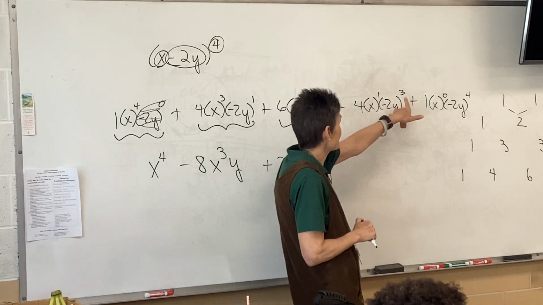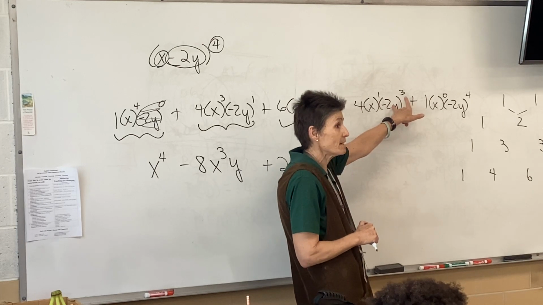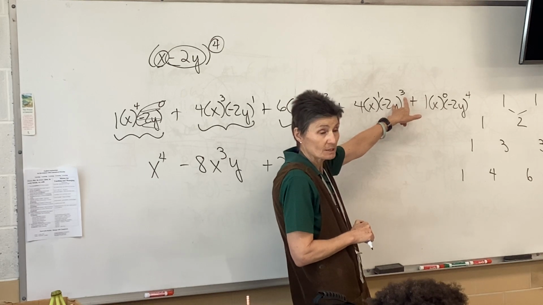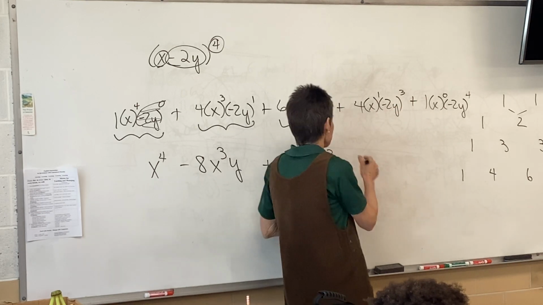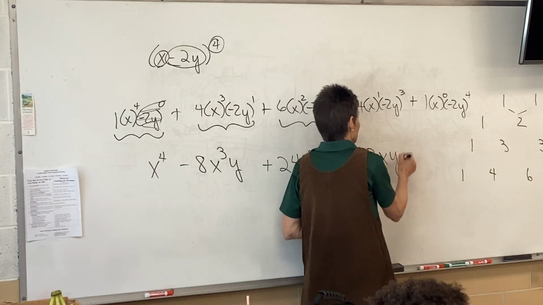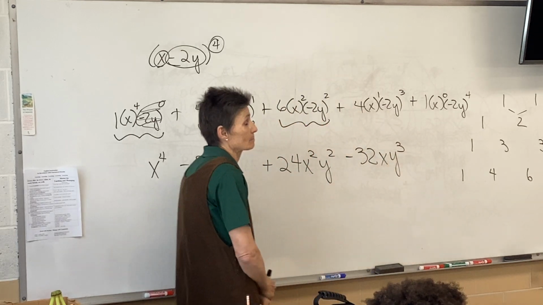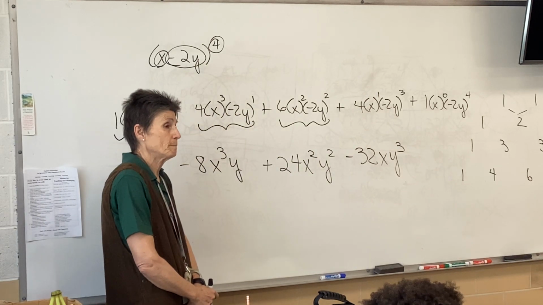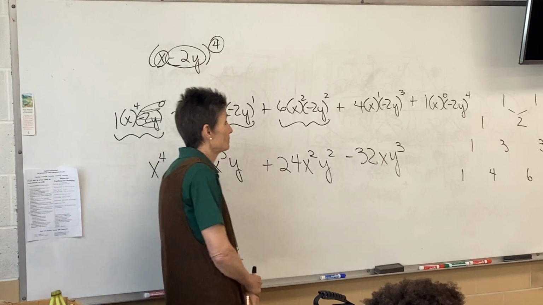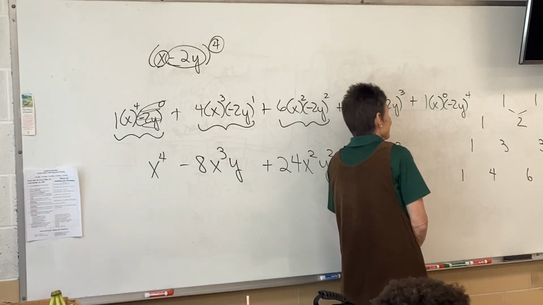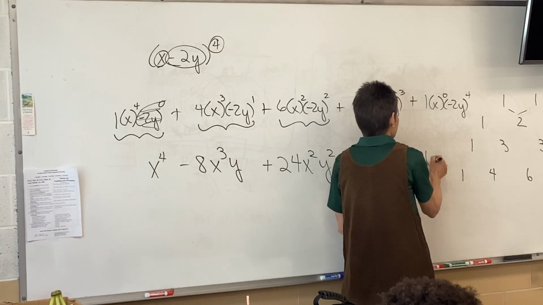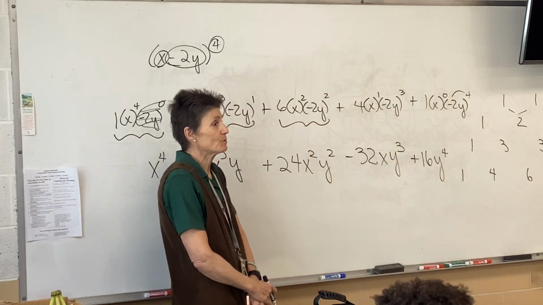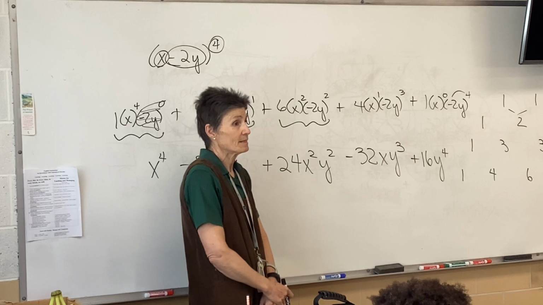What's this right here? -8? -2 times -2 times -2, it's gonna be -8 times 4, so it's gonna be -32. And what about the last one? Plus 16 y to the 4th. Everything that's the exponent. So -2 to the 4th is positive 16.